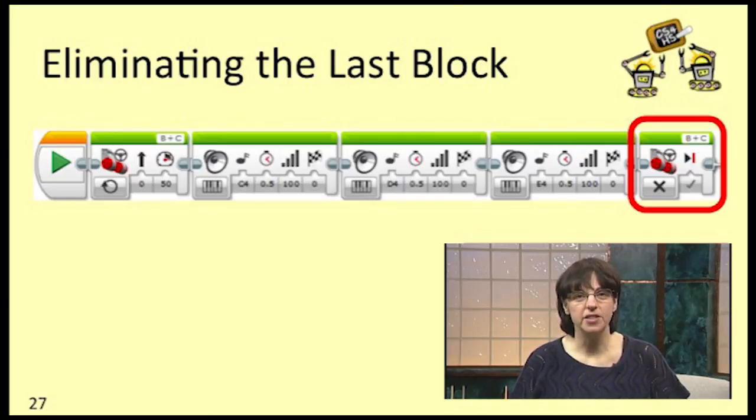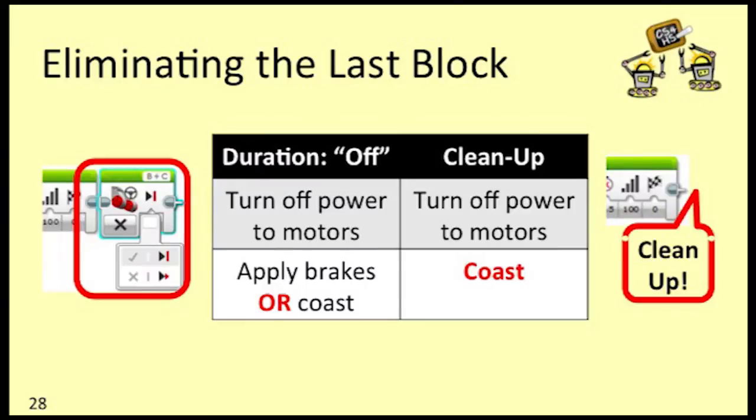The only difference would be that when we use a move block with off, in addition to turning off the power to the motors, we can tell the EV3 to apply the brakes by setting the brake at end to true so that the robot stops instantly. If we delete that move block, we always go straight to the cleanup phase, and so the EV3 never applies the brakes, and so the robot coasts to a stop.